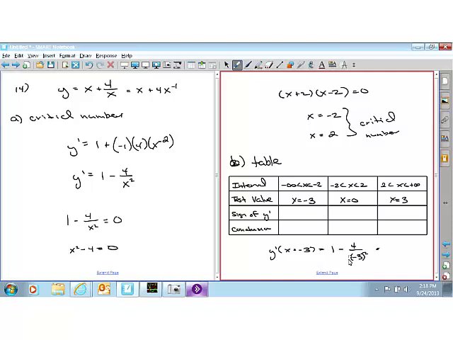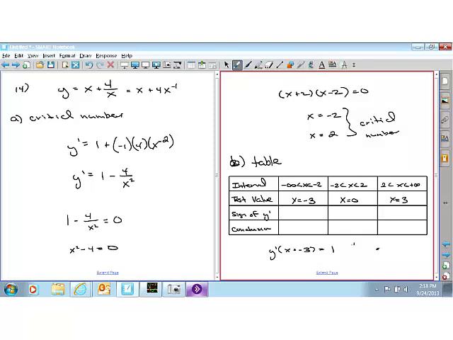Well, is this term less than 1? If it's less than 1, then it'll be positive, because you'll have 1 minus a number less than 1. So you get 4 ninths, not 4 over negative 9, because you square negative 3, you get positive 9. 1 minus 4 ninths is 5 ninths, which is positive.